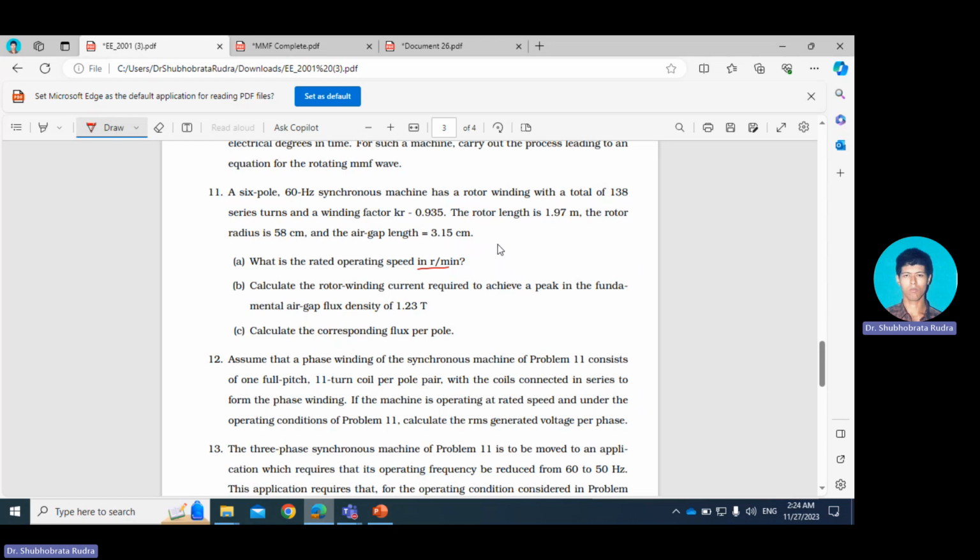So from that you can use this formula: 120 F by P is equal to the rotation per minute. So 120 into 60 by 6. Therefore, you will get 1200 RPM. Correct.